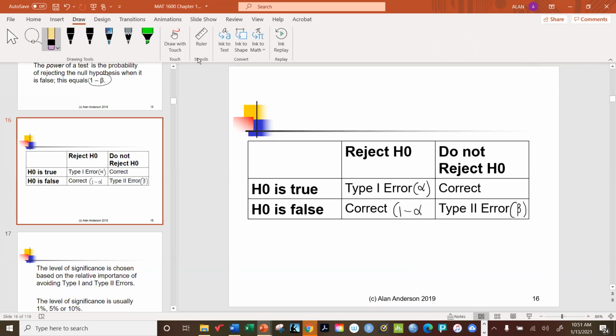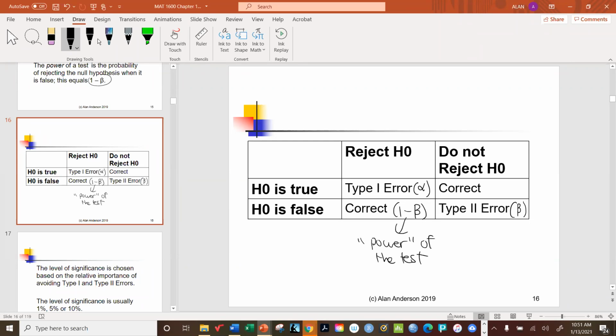Nope, sorry. 1 minus beta. Power. This one doesn't seem to have a name.